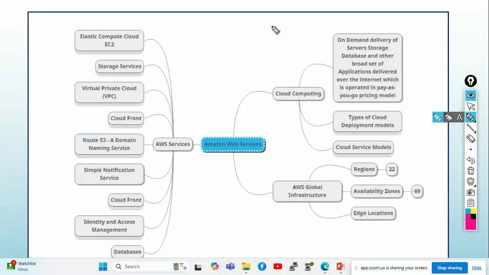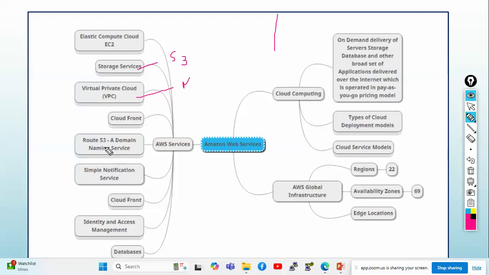Once we are done with that, we move on to the AWS services, which are the core of AWS. Like EC2, somebody was mentioning EC2. We do a very deep dive into EC2, storage services, also called S3, Simple Storage Service, and VPC, which is all about the network. CloudWatch, these are monitoring tools.